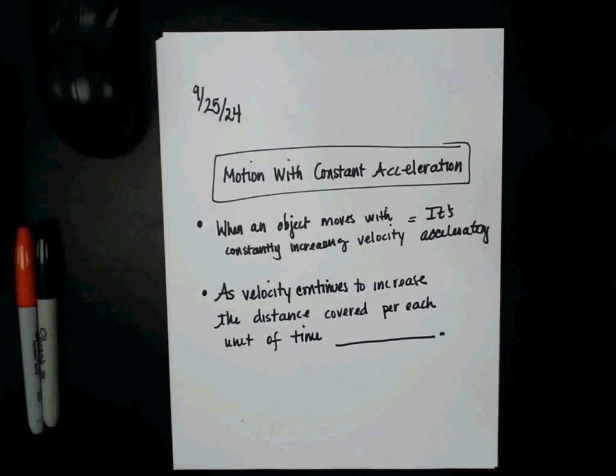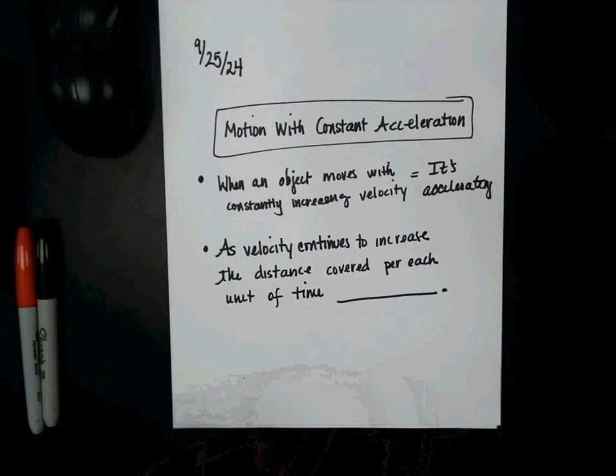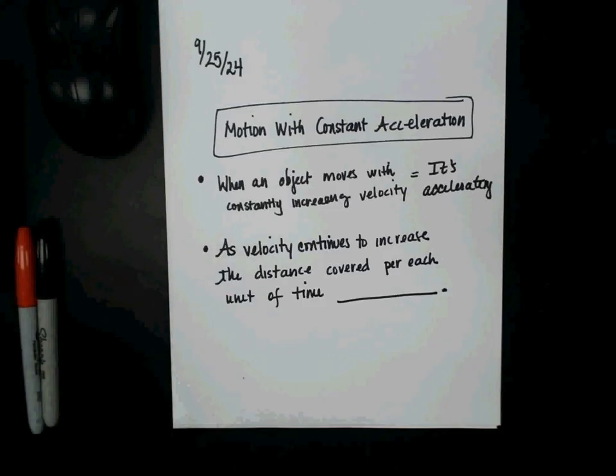Or fill in the blank. So if my velocity continues to increase, what happens to the distance I'm covering per unit of time, for each unit of time? Increase, decrease, stay the same.